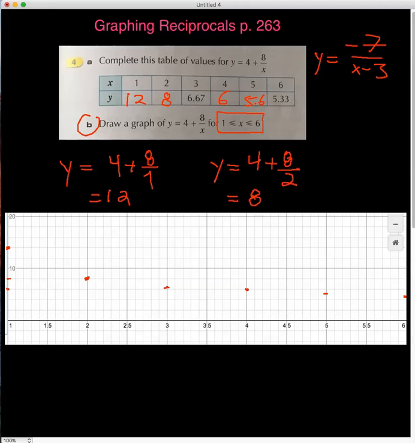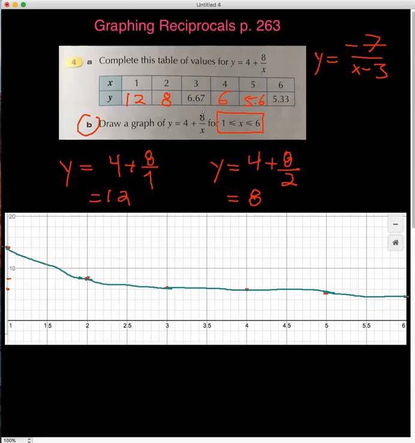So if I try and connect this together with my pen, which is going to be fun, it should look sort of like that, lower, and slowly more lower and lower like so. Okay, so there's my graph.